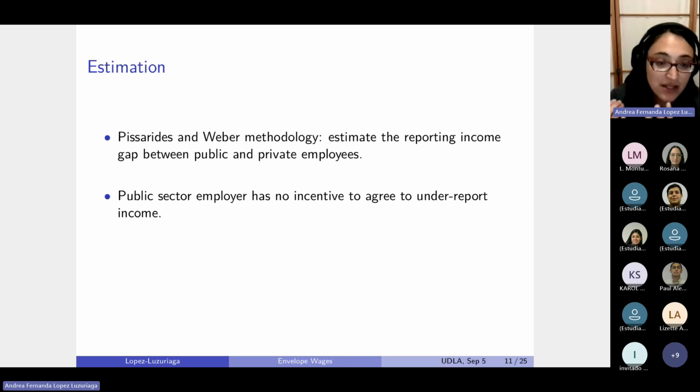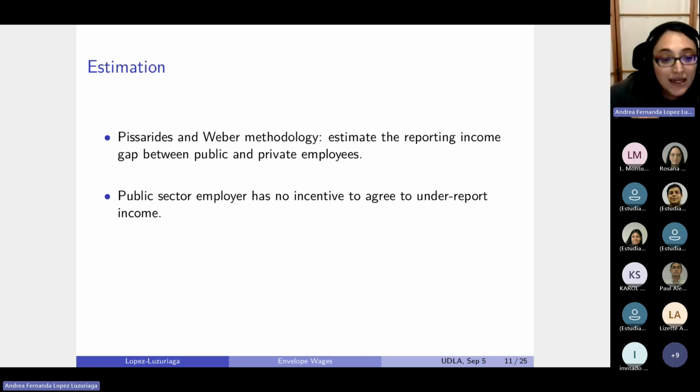And then the estimation is a very simple, old estimation with a little bit of flavor. It is the Pizarro and Weber methodology. The idea here is that there is no reason to believe that a public sector employee and a private sector employee have different preferences of consumption of food if I keep constant their demographic characteristics and the level of income.